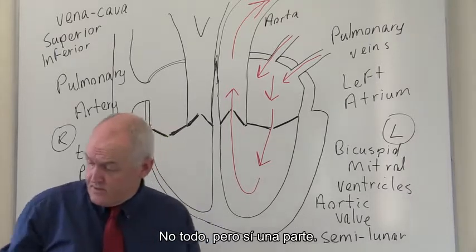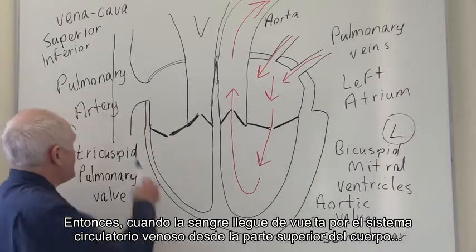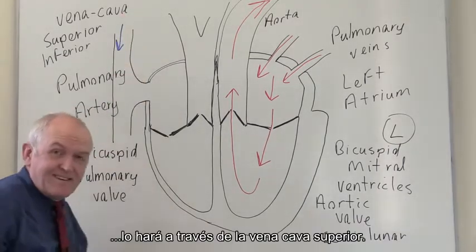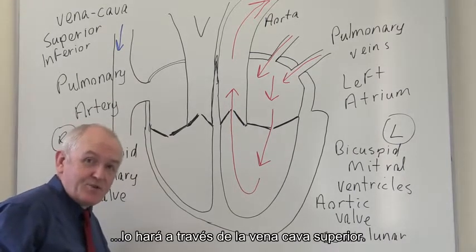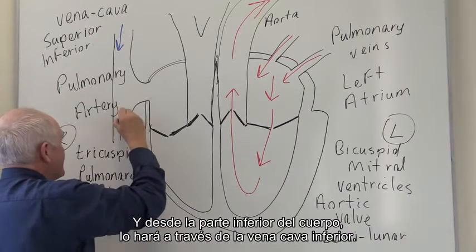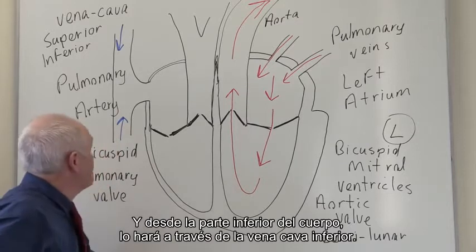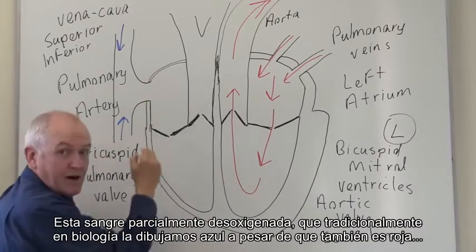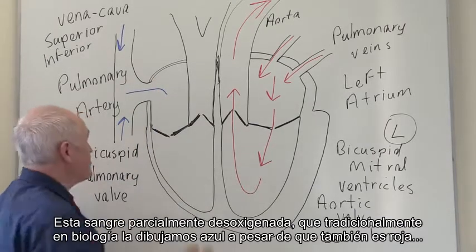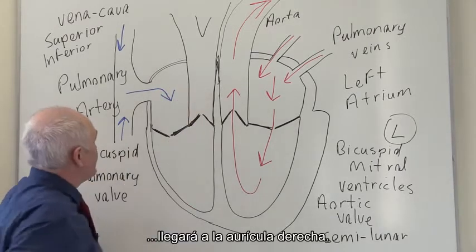Not all of it, but some of it. So when it arrives back from the systemic venous circulation, from the top half of the body, it's going to arrive back via the superior vena cava. And from the bottom half of the body, it's going to arrive back via the inferior vena cava. And this partly deoxygenated blood, which traditionally in biology we draw as blue, even though it's not blue, it's still dark red, drains back into the right atrium.